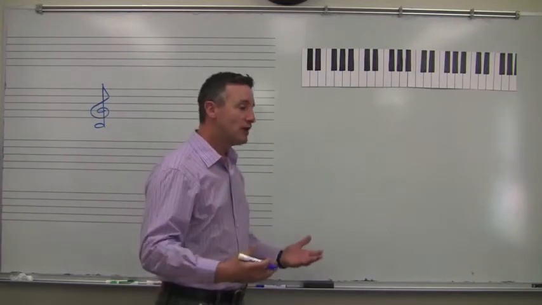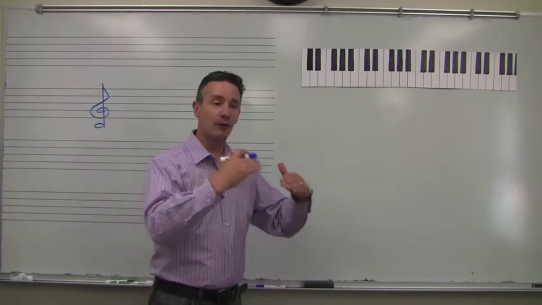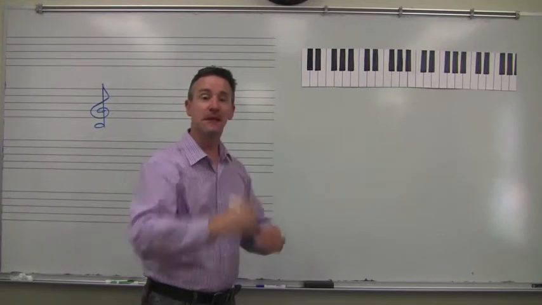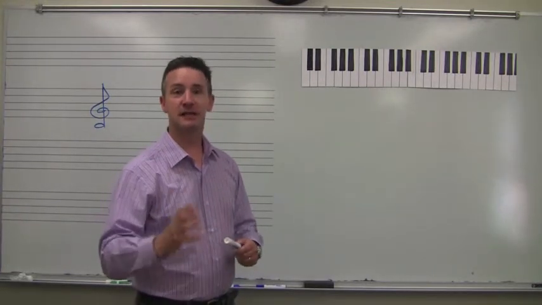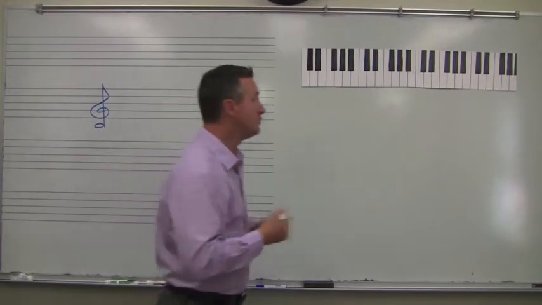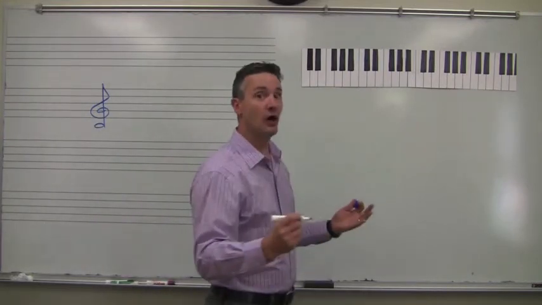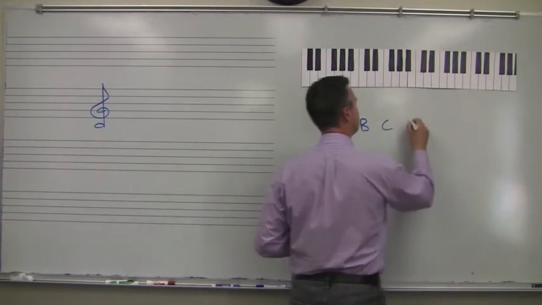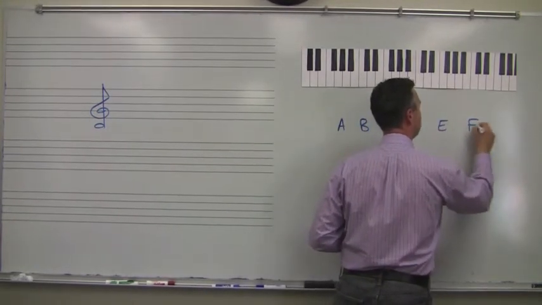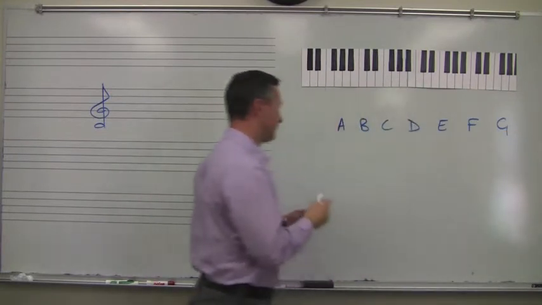And the way that we in Western music have organized our use of notes and of pitch results in our needing 7 distinct labels. So we use the first 7 letters of the alphabet: A, B, C, D, E, F, and G.